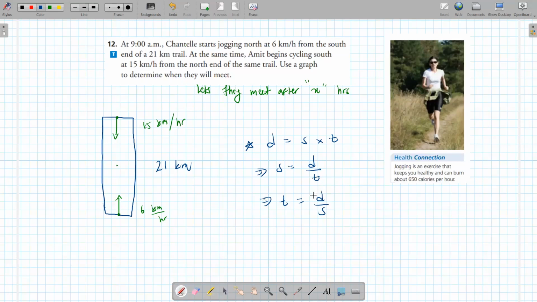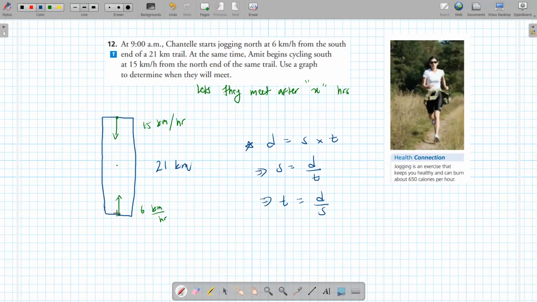Remember, time is distance over s. This is the best approach because they're asking us for time. Your unknown is always going to be whatever they're asking you. There's another approach to this as well.